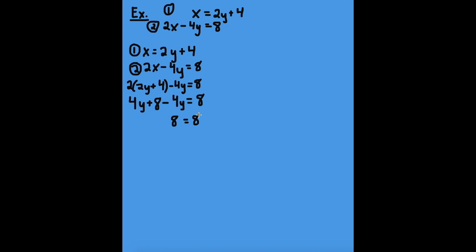However, this problem is different. In this problem, we have 8 equals 8, and since 8 does equal 8, there are an infinite number of solutions to this problem. Therefore, the answer is infinite solutions.